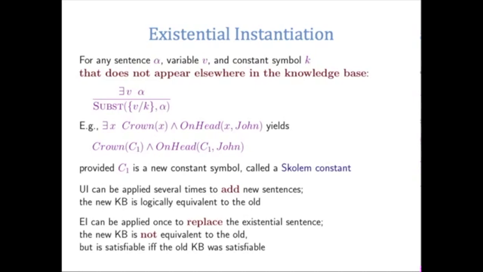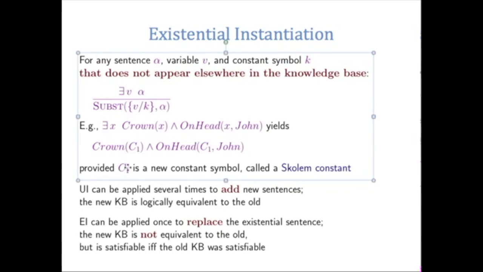So for example, if there exists some x so that x is a crown and on head x of John yields crown of C1 and on head C1 John, provided that C1 is some new constant. Now, we don't know a particular crown, but we know that if this is true, it exists.